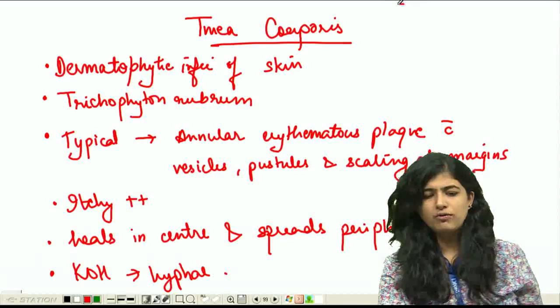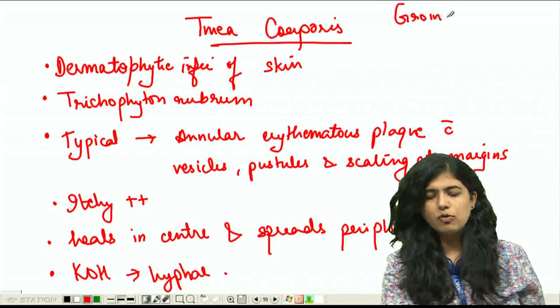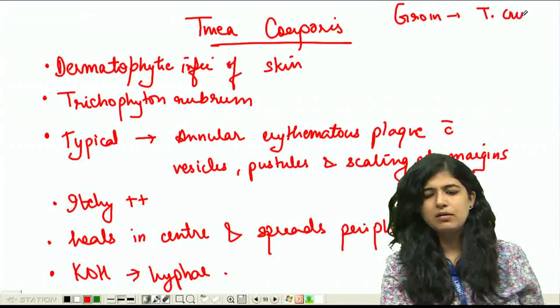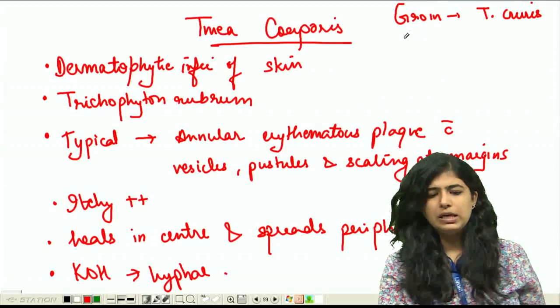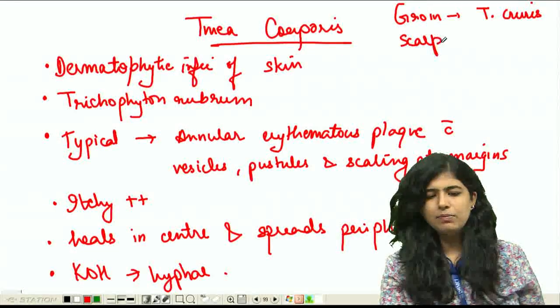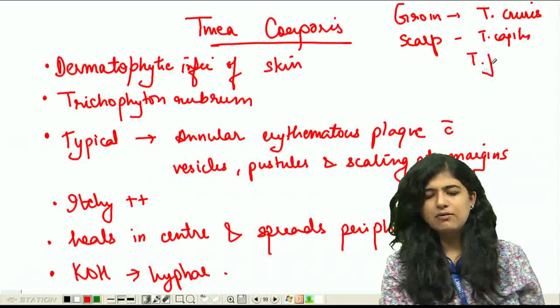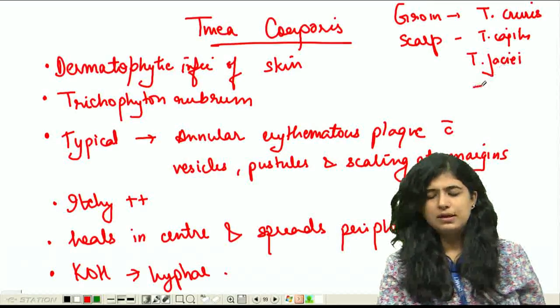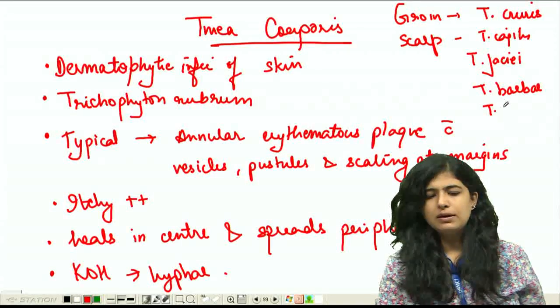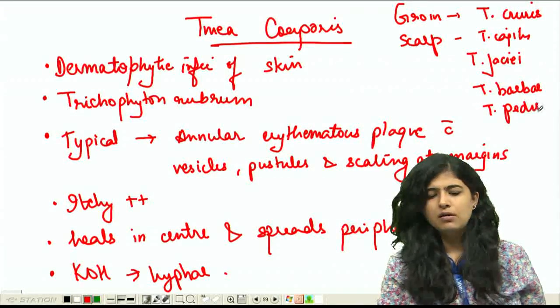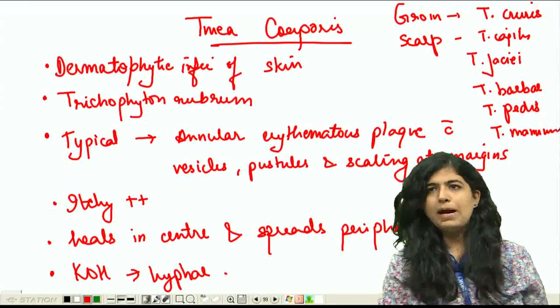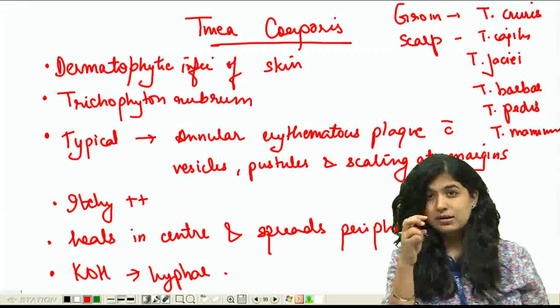If it would be involving the groin folds, then it would be Tinea cruris. If it was involving the scalp, Tinea capitis. Similarly, Tinea faciei for the face, Tinea barbae for the beard, Tinea pedis for the feet, and Tinea manuum for the hand.